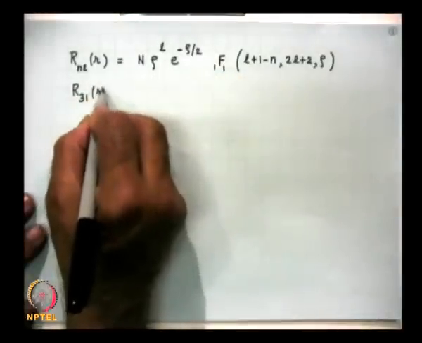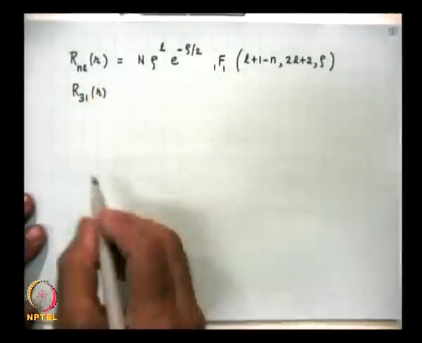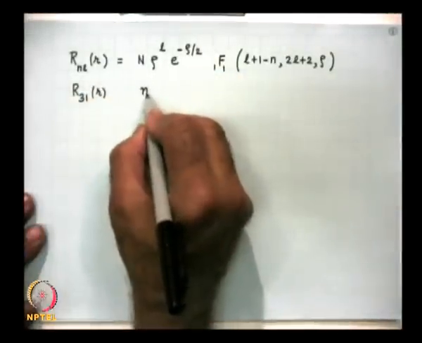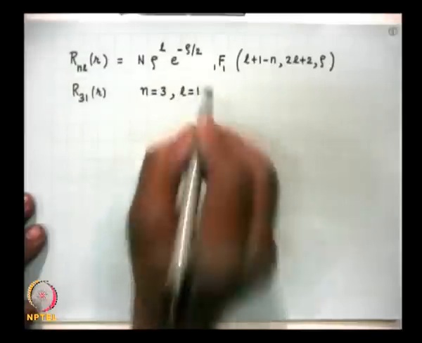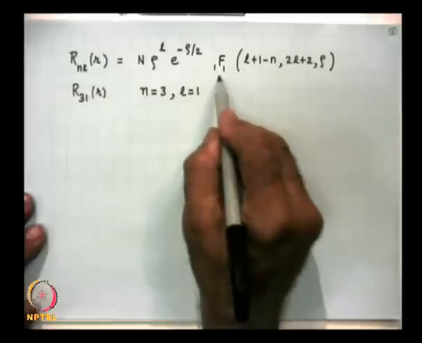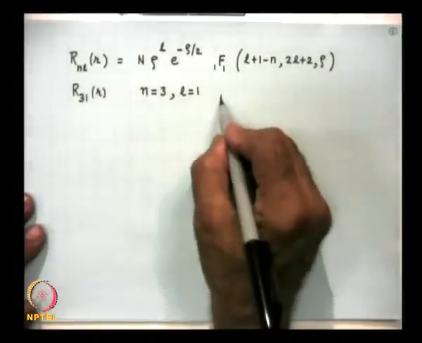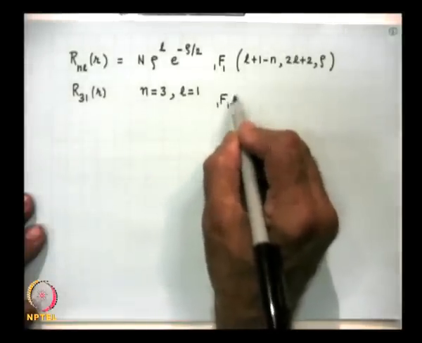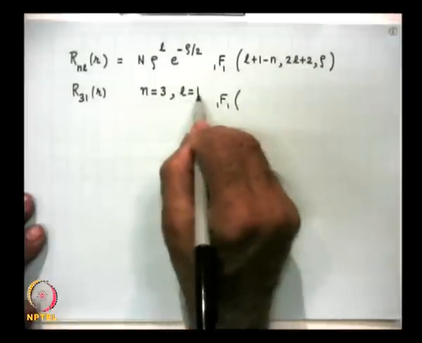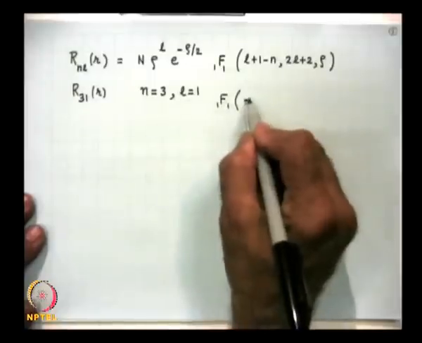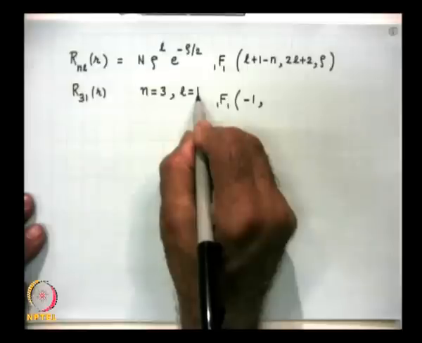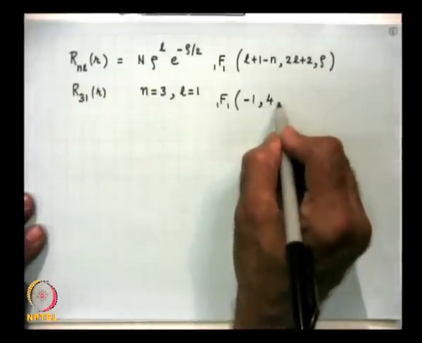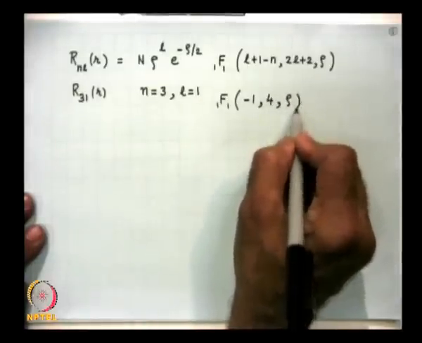R31 of r. Just as an example, n is equal to 3 and L is equal to 1. So, this expression becomes F11 L plus 1, that is 2 minus 3 is minus 1, 2 L plus 2, that is 2 plus 2 becomes 4, times rho, comma rho.